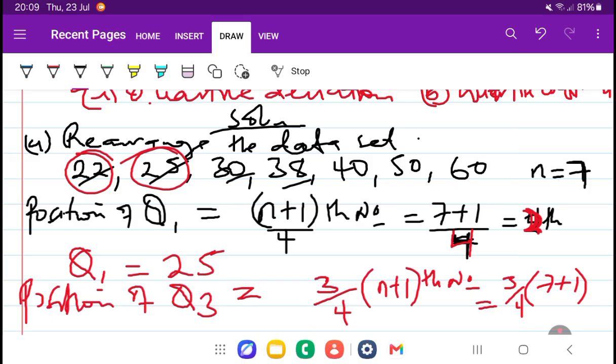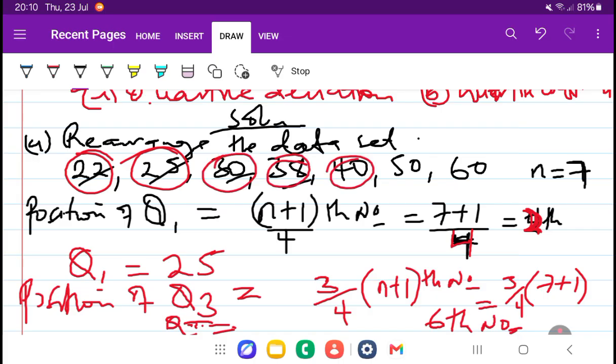That gives you the sixth number. And the sixth number means the Q3 is actually equal to the sixth number. You count, 1, 2, 3, 4, 5, 6. It's a 50. So the Q3 is actually 50.